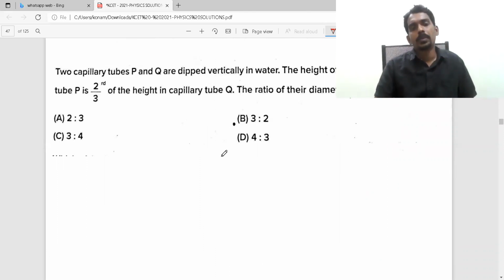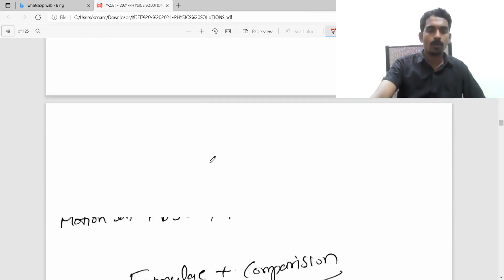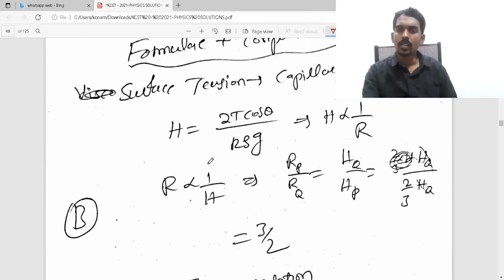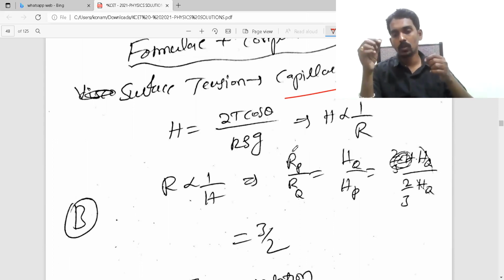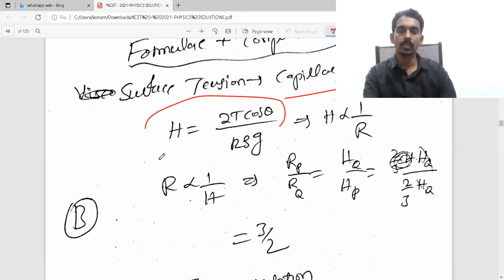Now, two capillary tubes P and Q are dipped vertically in water. This is a comparison based question, direct formula based, where in surface tension we have the concept of capillary rise. So if you take a narrow tube whose radius is very, very small, in terms of micrometers, and dip it inside the liquid, then the level of the liquid changes, meaning it may rise or drop by some height, and that formula is this one.